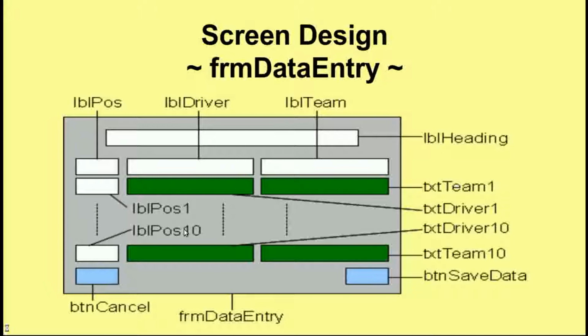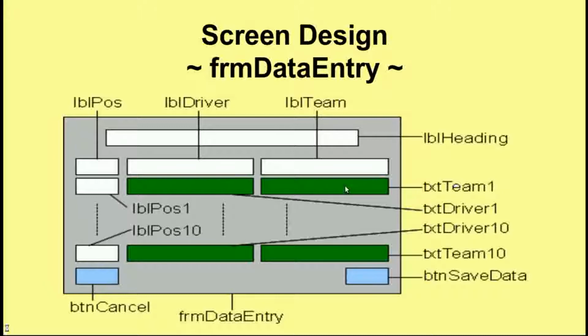These are labels so that the user knows what to enter, but they also need somewhere to enter that data, and that they do in text boxes. So here we're going to have the name of the driver who won the race. So we're going to call this txt driver 1. That way we know which driver it was.